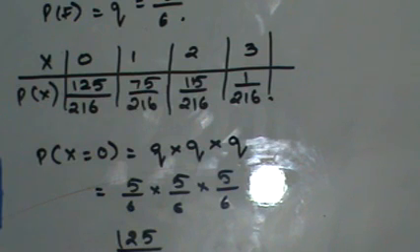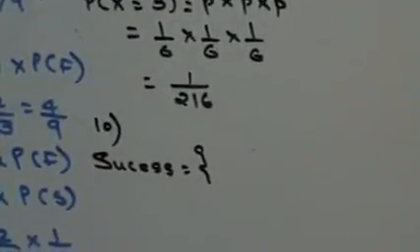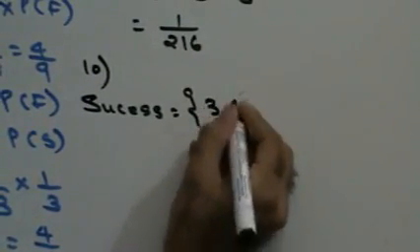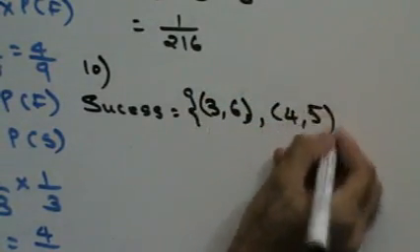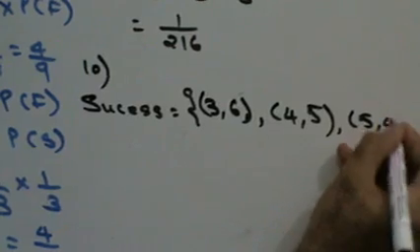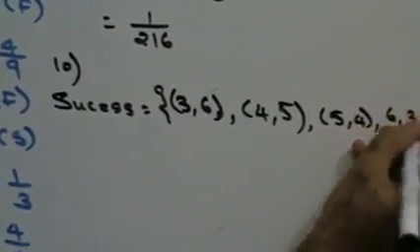Probability of success. Now when I throw a dice twice, 9. Let's first see success. In 2 throws of the dice, I can get 9 if I have the elements that would give me 9, which would be 3, 6, 4, 5, 5, 4, 6, 3.